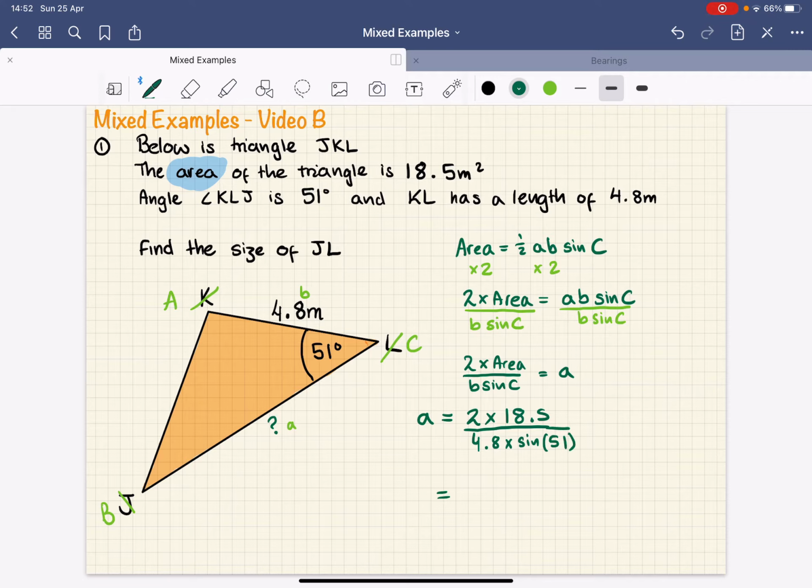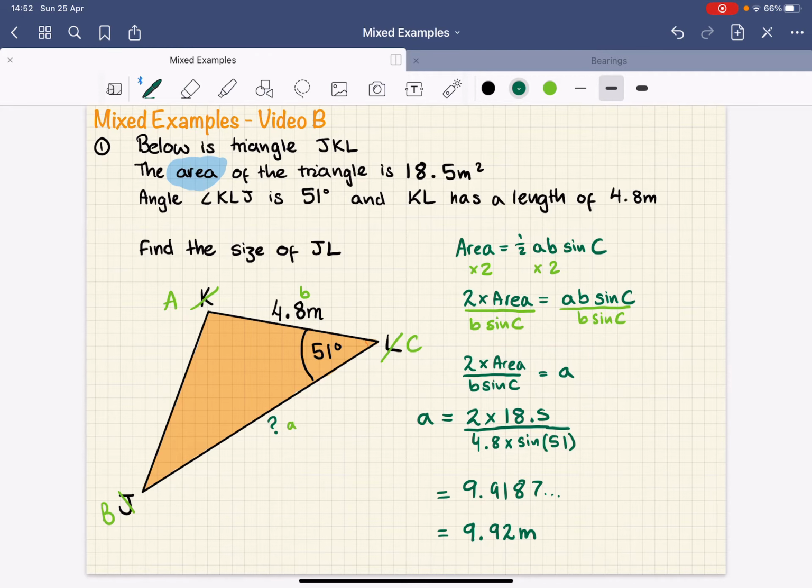And so putting that all into my calculator, that comes out as 9.9187 and so forth. And if I was to round it to 2 decimal places, that would just be 9.92 meters.